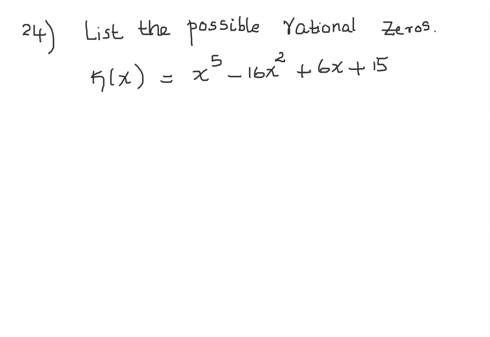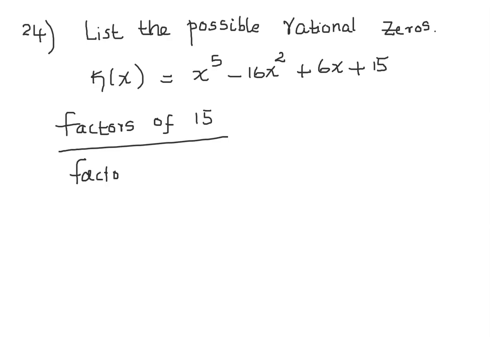So by the rational zero theorem, the possible rational zeros are factors of 15 over factors of 1, because 15 is the constant and 1 is the leading term.